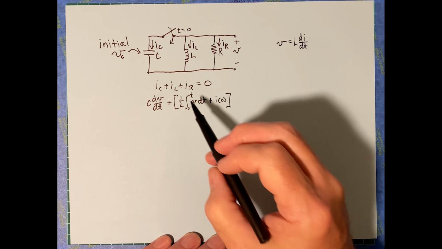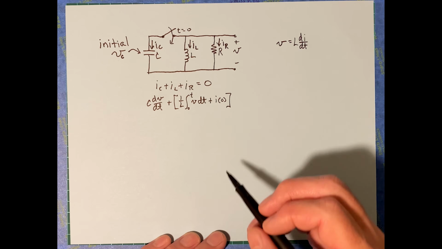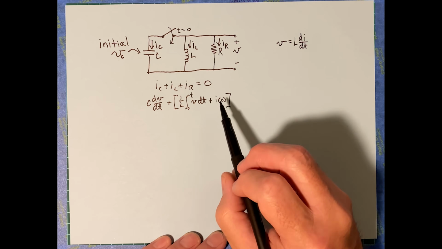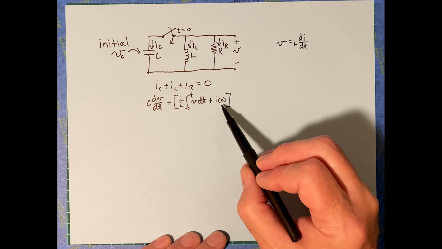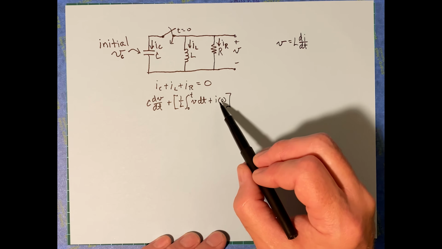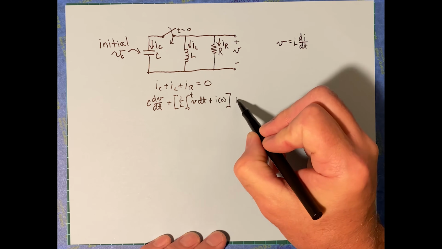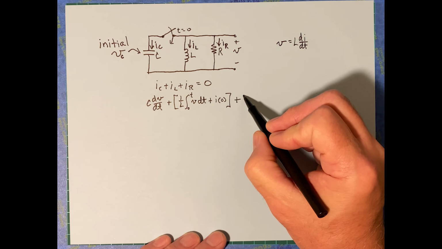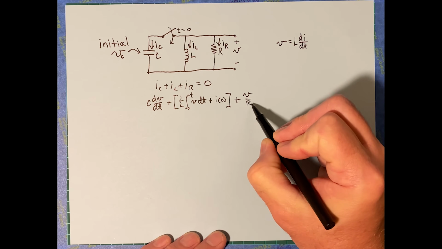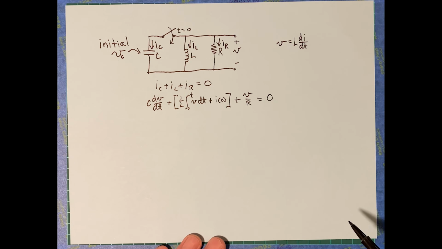That's the current through the inductor. And in our example here, there was no initial current, so that term would be 0. Plus, now for the resistor, it's just V over R, and that's equal to 0. Okay, we've got an equation here.